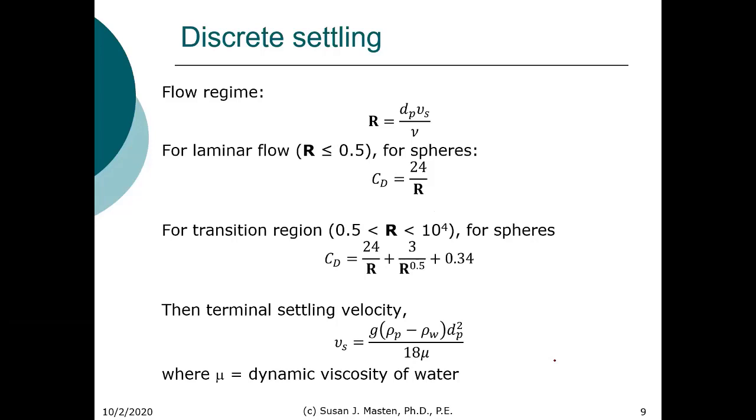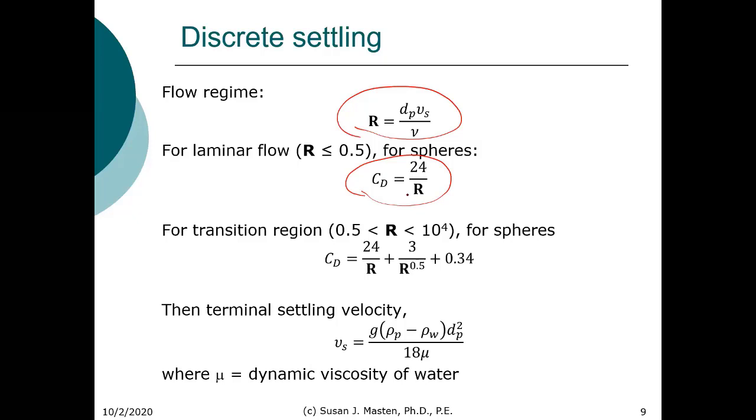Now, what we typically want is a laminar flow regime. So if we have laminar flow, we can use the Reynolds number here to describe the flow regime. If we have laminar flow, the coefficient of drag can be approximated as 24 divided by the Reynolds number if we have a spherical particle.